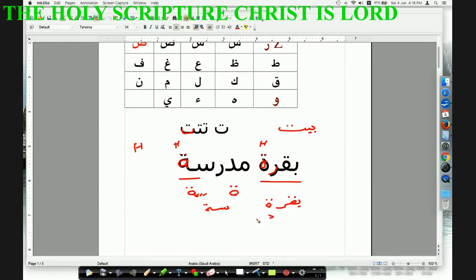If you write it as this, then you have to pronounce it baqarat, and that will make it wrong. Get the point? Did I answer your question, Robert? Is it clear or not yet? If it's not clear, please let me know.